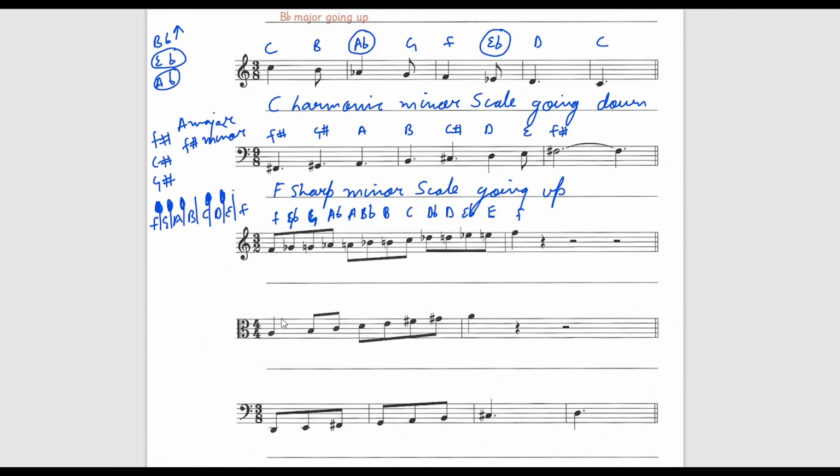F, E flat, E, A flat, A, B flat, B, C, D flat, D, E flat, E, and F.